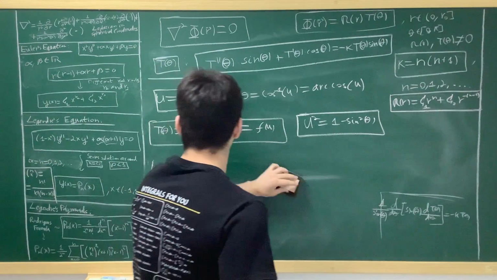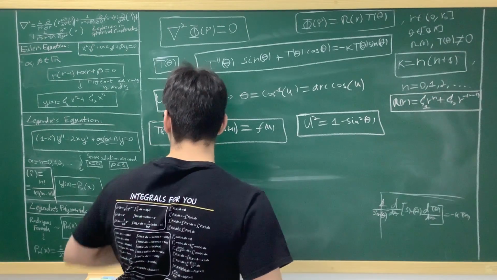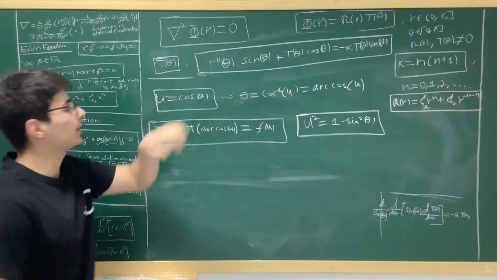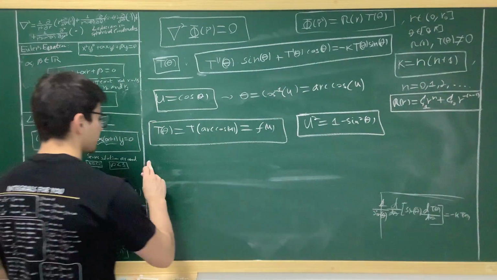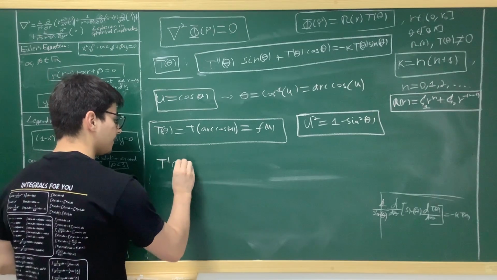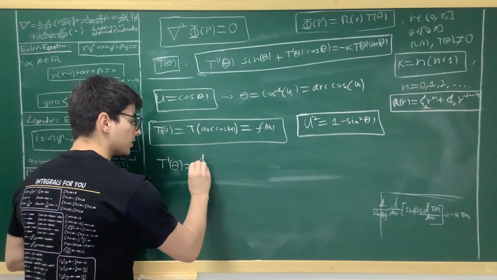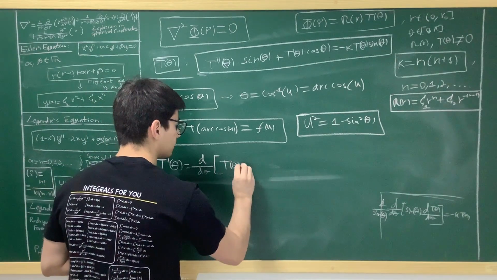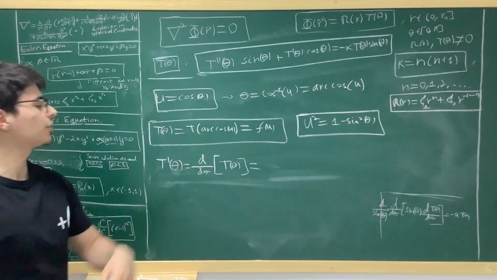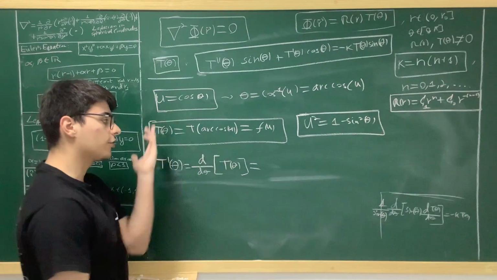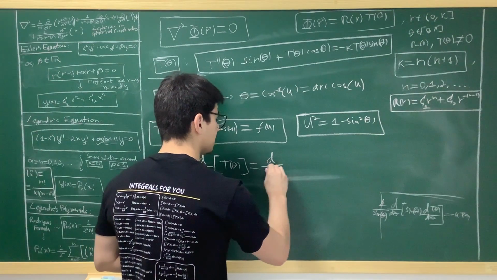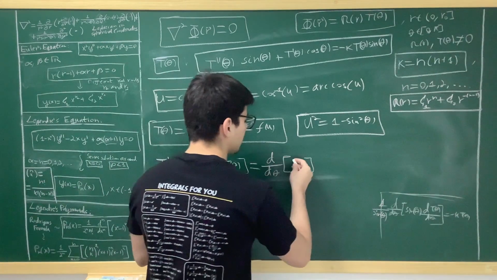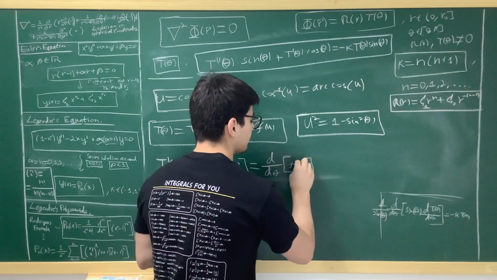So what's the next step? We have everything written down except for T prime and T double prime. So what is T prime? Well, T prime of theta is just the derivative with respect to theta of this function. As we said earlier, this function can be thought of as another function in u, because we have made this change of variables. So by making this substitution, this is the same as f of u.